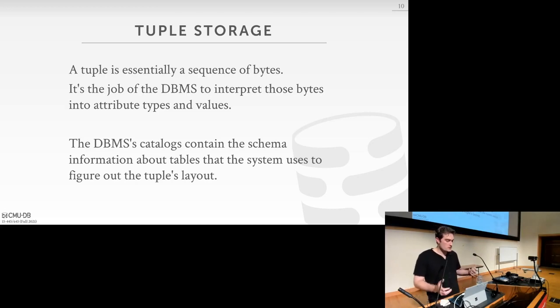So the DBMS figures out how it's going to interpret these bytes and give us values back. The catalog, as I mentioned, is going to contain the high-level schema, which is just information about the tables. It's going to tell us how exactly the bytes are laid out inside a tuple.